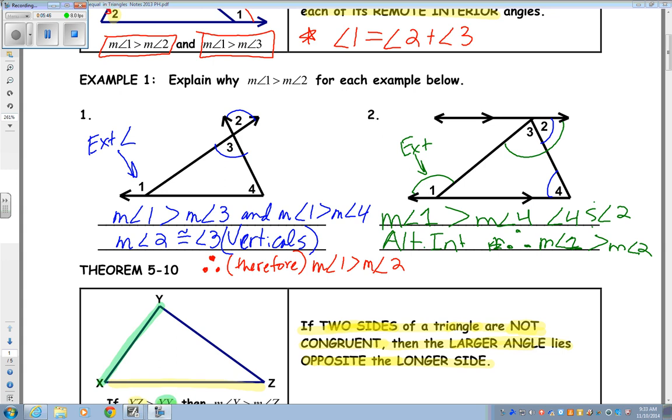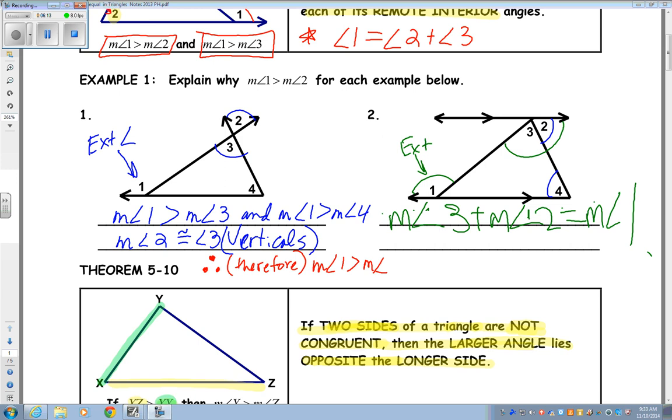All right, we got a different way. Let's go. So he has the measure of angle 2 and 3 equals the measure of angle 1.